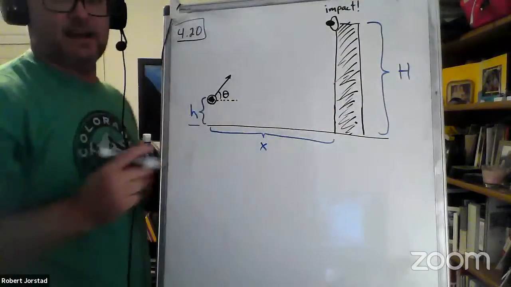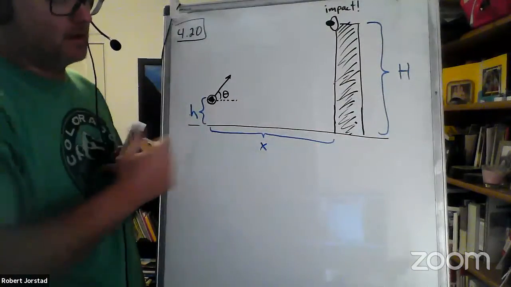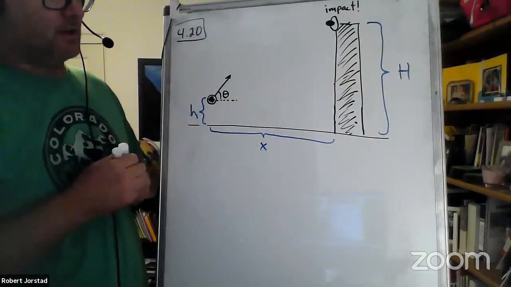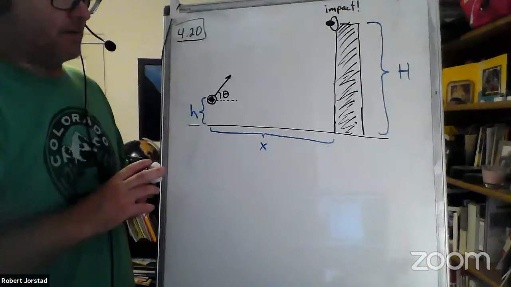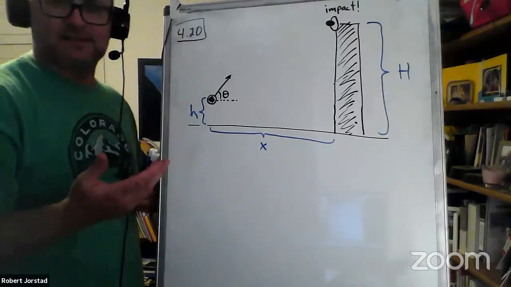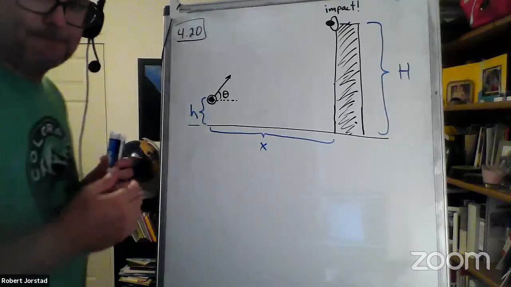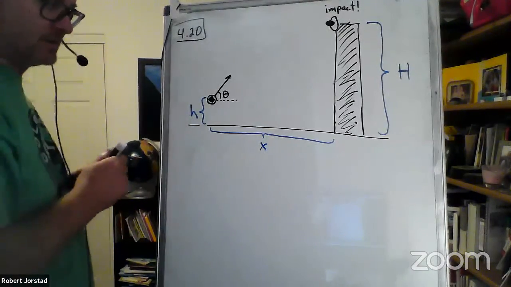The building has height capital H. So, what are some thoughts? What might you write down when you see this type of problem?